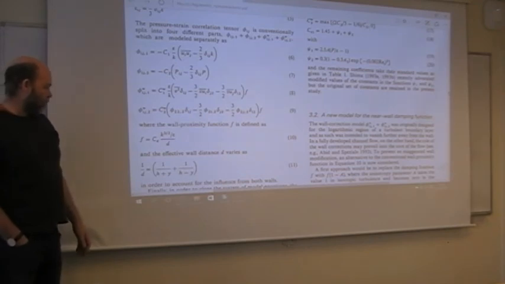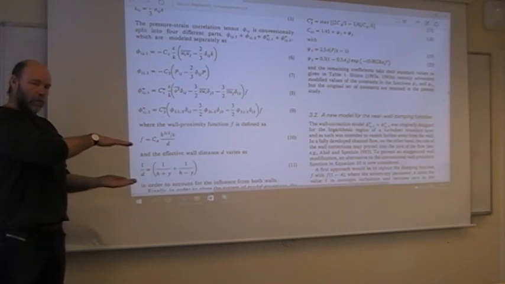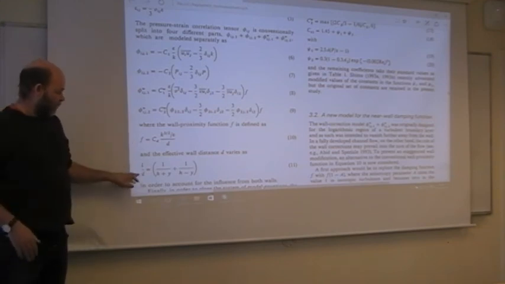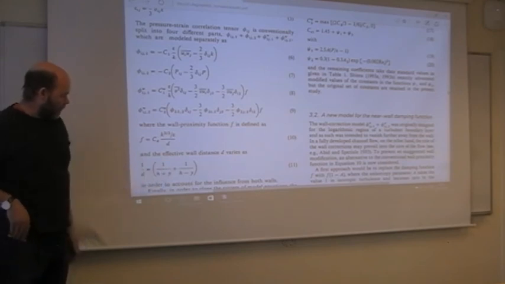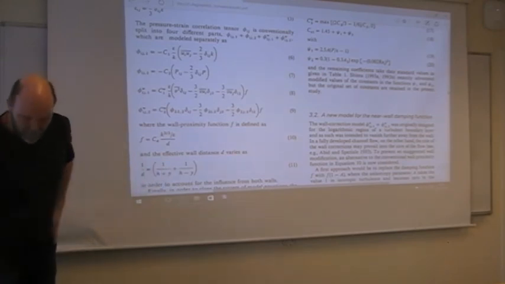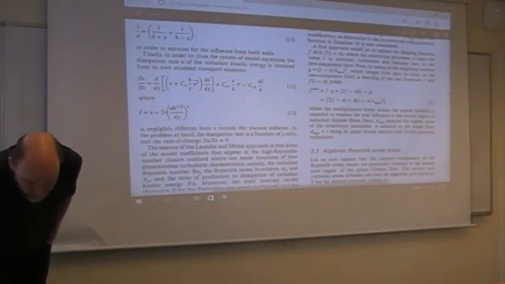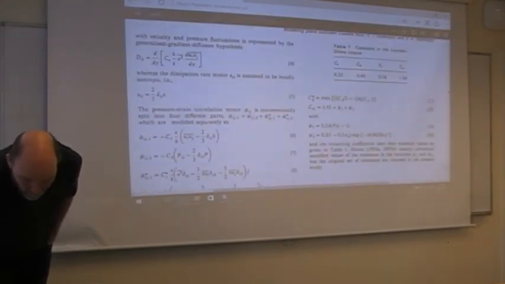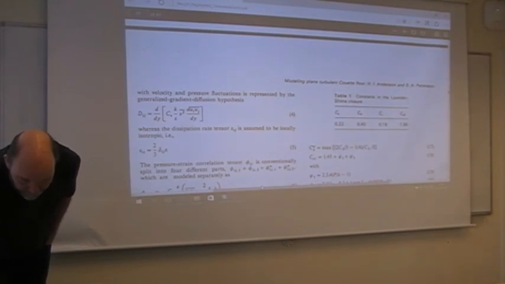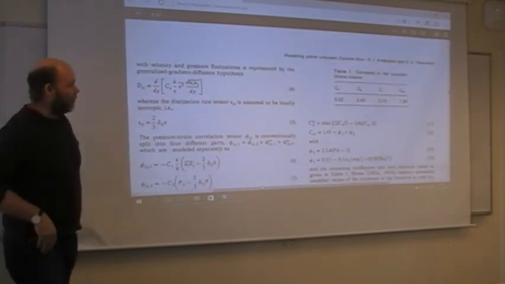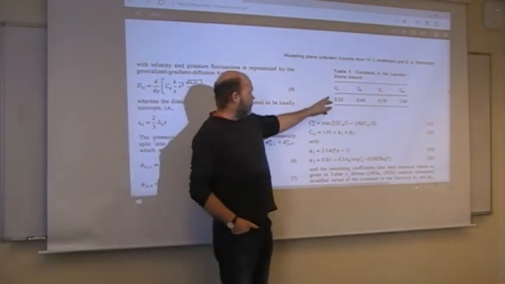So then it's of course a question, what is the distance to the nearest wall? Well, you have two walls, so you have to take both into account, wherever you are. So they sort of played around with this wall distance d in this article. Not that many constants here, only 4.